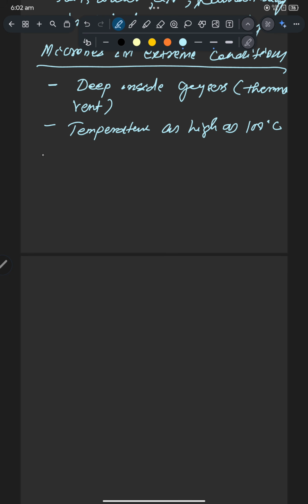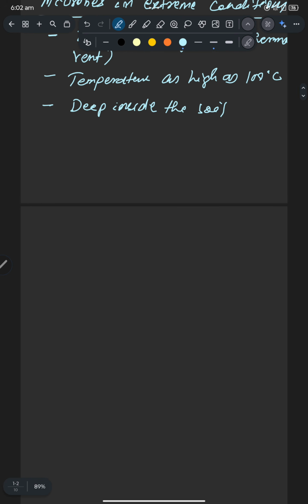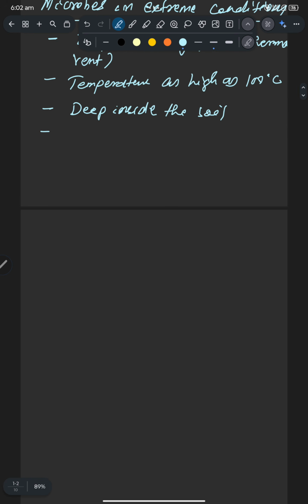They can survive deep inside the soil. They can survive without oxygen; not all microorganisms, but some are anaerobic.